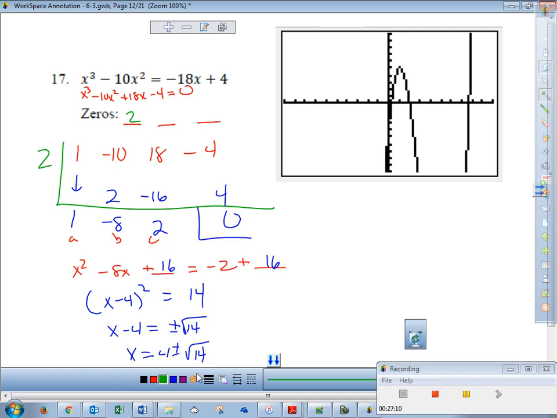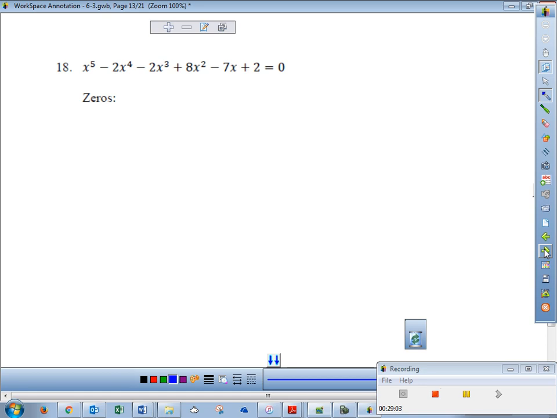Square root of 14 will not simplify either. So that says 4 down there with my bad handwriting. Sorry. One more of these.